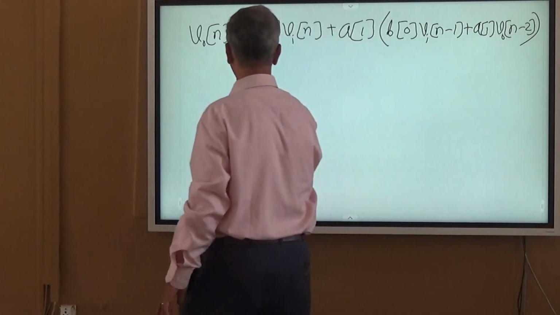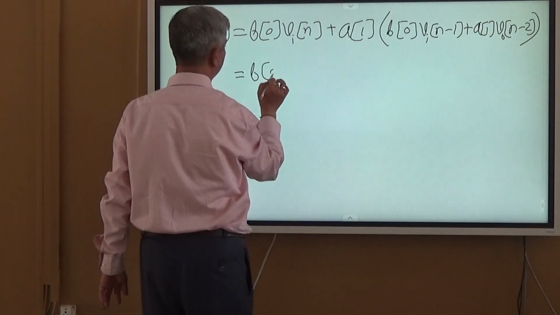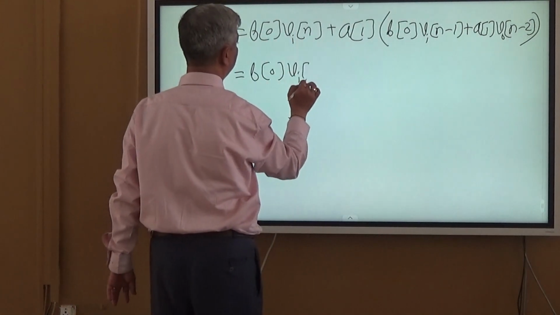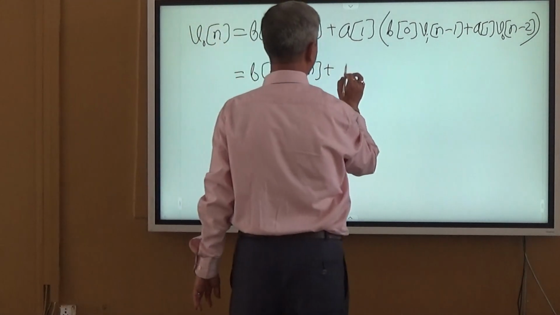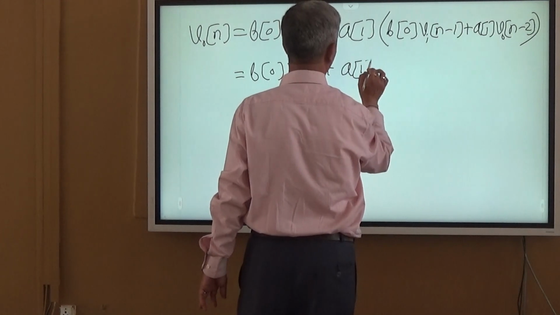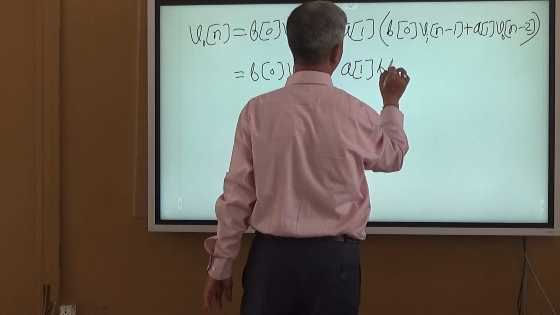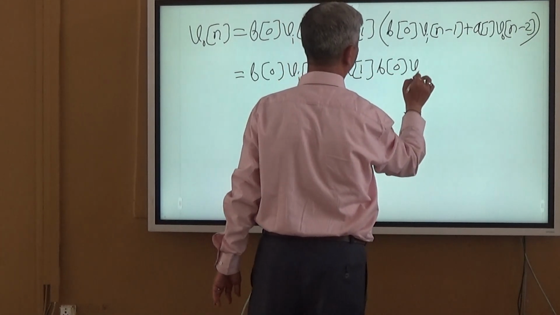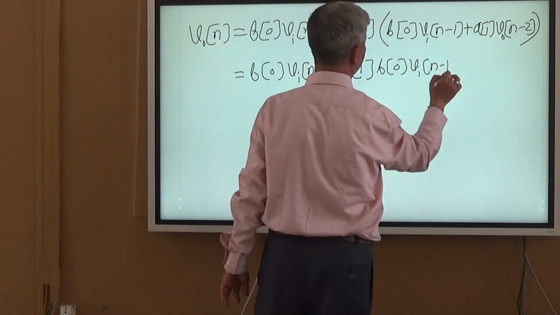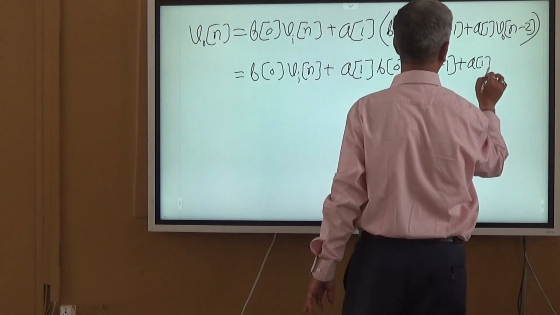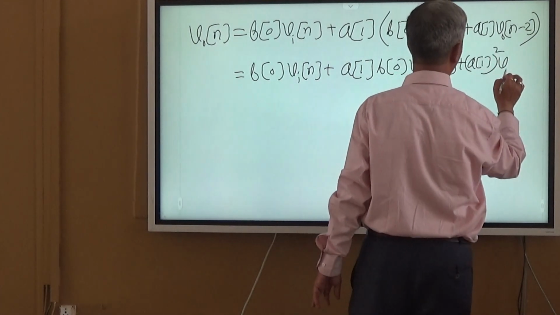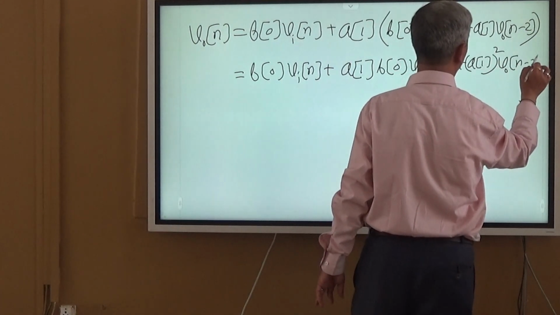So that would be B0 V in n plus A1 B0 V in n minus 1 plus A1 square VO n minus 2.